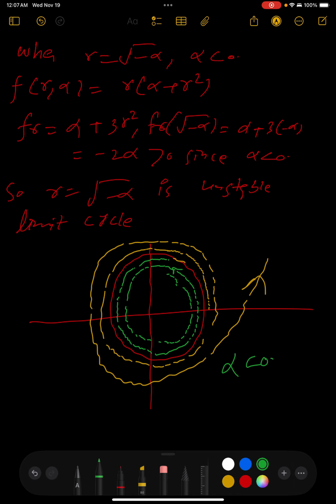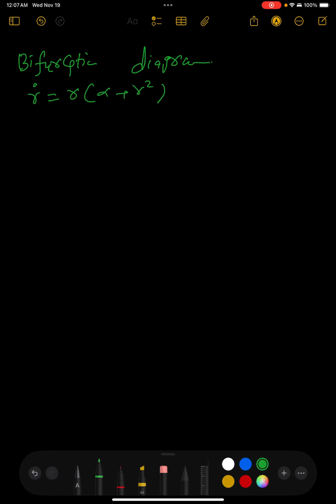But now what about the bifurcation diagram? Okay, so now the bifurcation diagram. What is a bifurcation diagram? Definitely we will look at this equation, alpha plus r square. The limit cycle was r equal to the square root of minus alpha, alpha less than 0, and it is unstable, right?